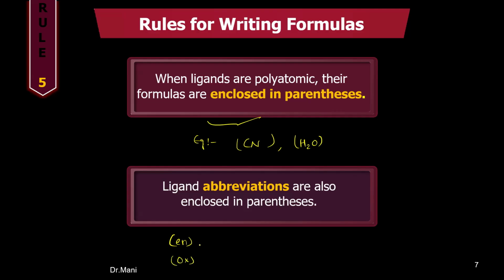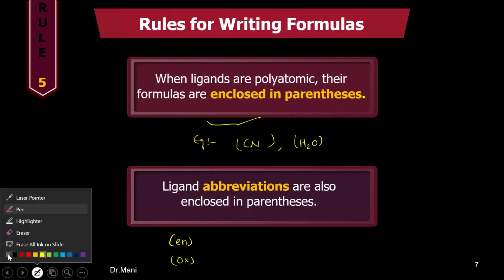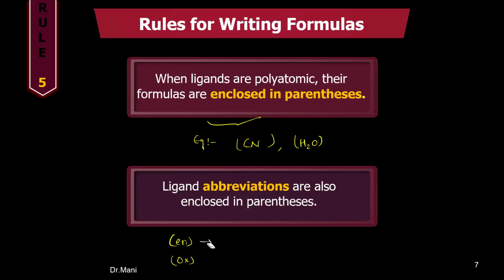What does en represent? Neutral ethylene diamine. And what is ox? Oxalate. So whenever abbreviations are given, those also should be enclosed in parentheses. Remember this.